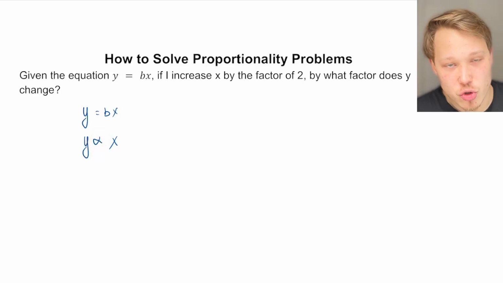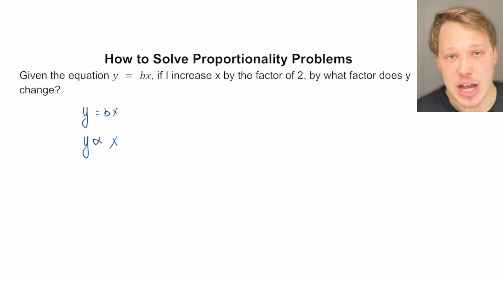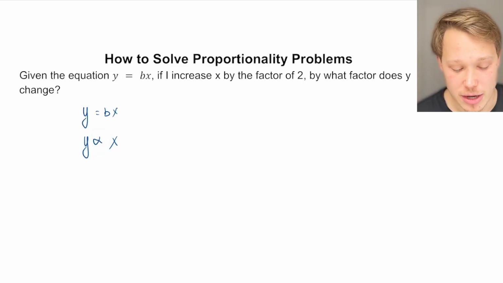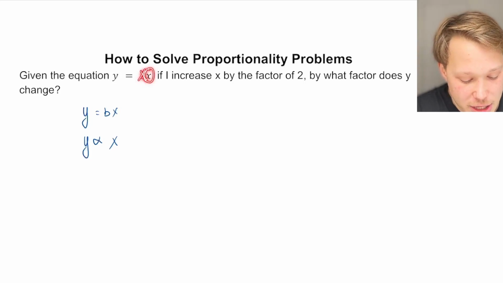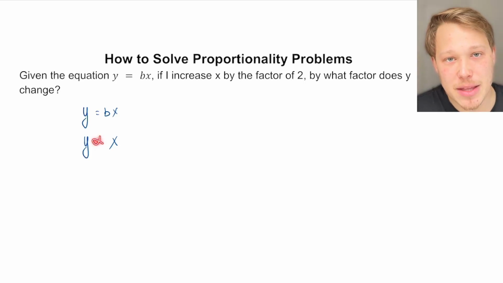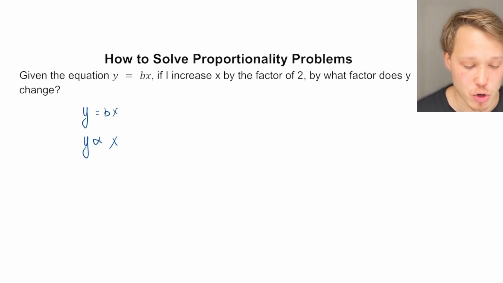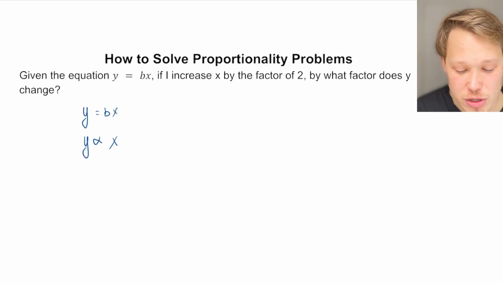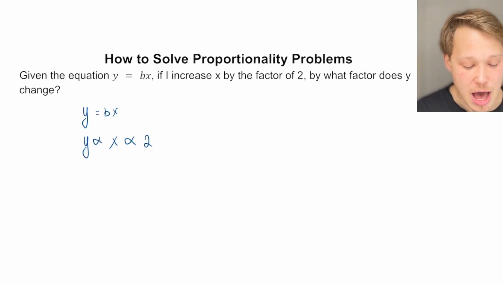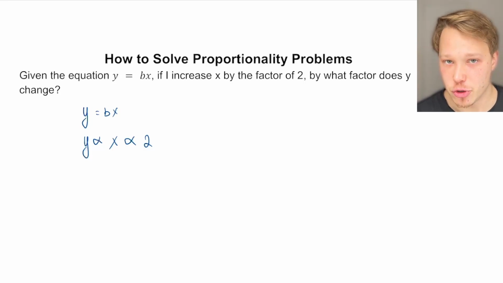What it allows me to do is, if I don't change any other variables in the equation except x, I can simply drop them and just write x here. This sign doesn't mean that y is strictly equal to x. It just means it's proportional to x. What it allows me to do is a lot of cool mathematical calculation. For example, I can literally just plug in the factor by which x changes, so 2 for x, and I get that y also changes by 2.